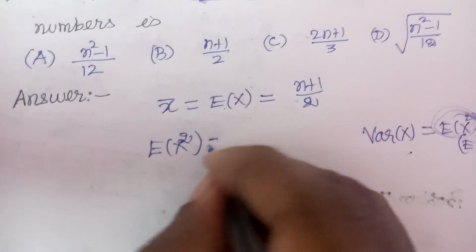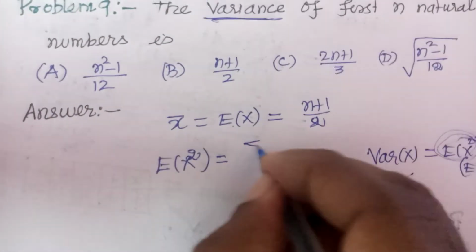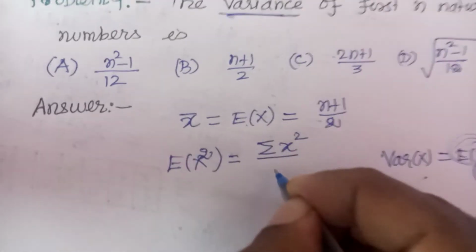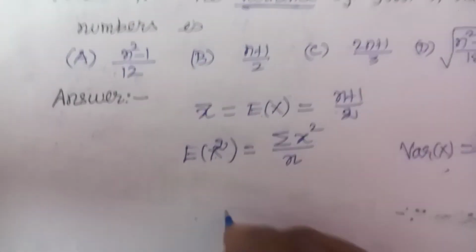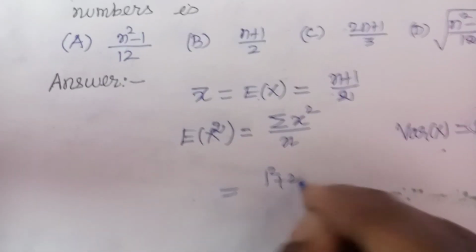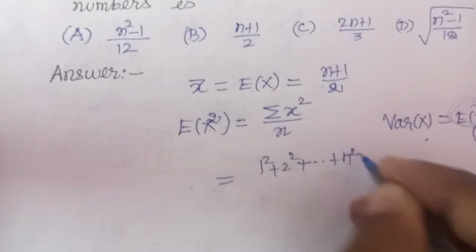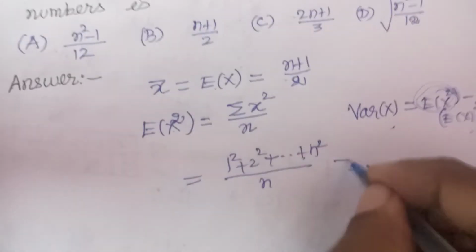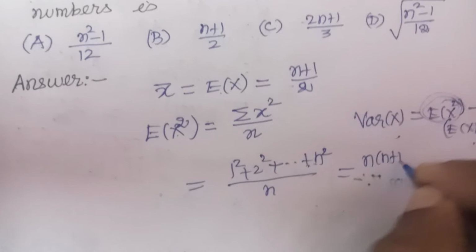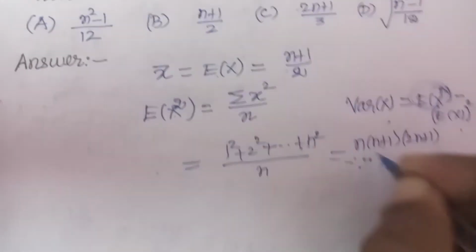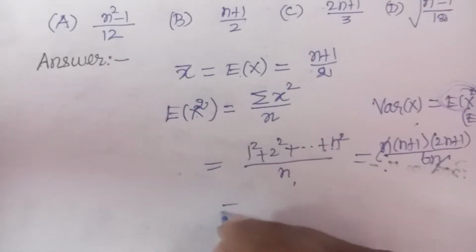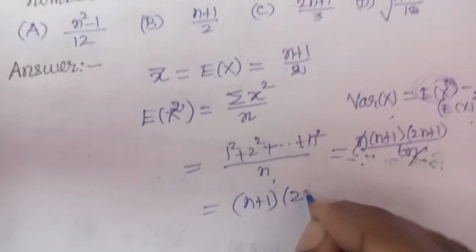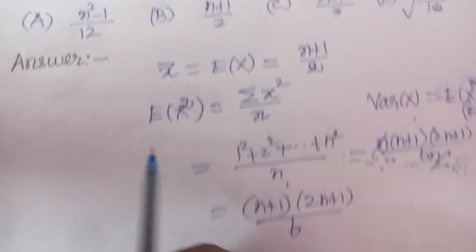That is the mean of squares of the n natural numbers, which is the summation of x square, 1 square plus 2 square plus etcetera plus n square, divided by n. We know the formula: n into (n plus 1) into (2n plus 1) divided by 6, divided by n. Therefore we can cancel n, giving (n plus 1) into (2n plus 1) divided by 6.